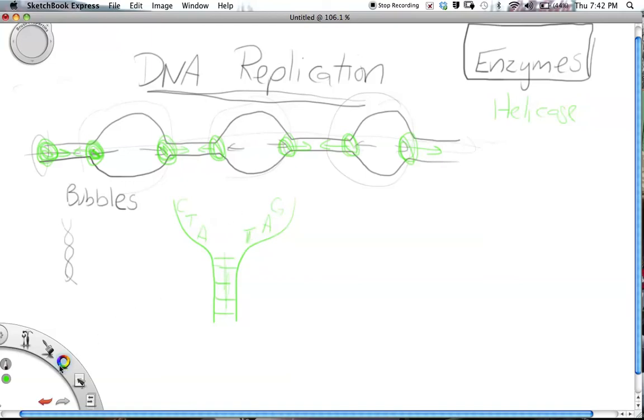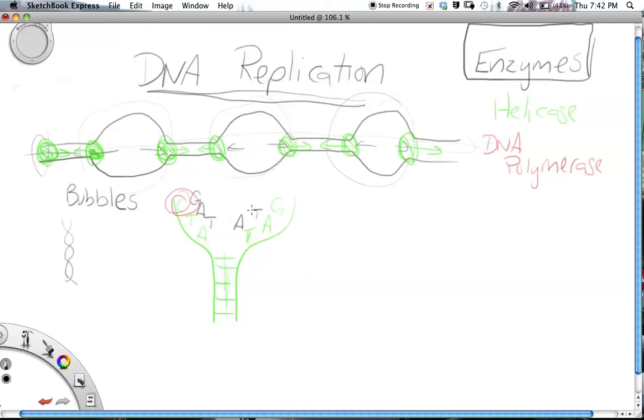And that's where the next enzyme, known as polymerase, comes in, DNA polymerase to be precise. So DNA polymerase is going to attach to this and bring in the next nucleotide. So it'll bring in, because this is a C, always going to bond with a G. This is a T, going to bring in an A. This is an A, going to bring in a T. And same thing over here.